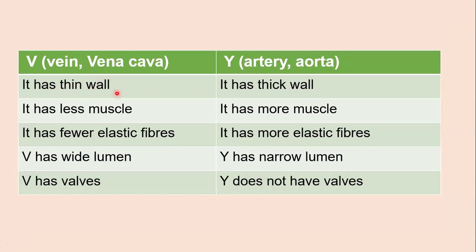The vein has a thin wall, the artery, or Y, has a thick wall. Arteries have more muscles, veins have less muscles. And veins have few elastic fibers, but arteries have more elastic fibers. And the artery has a narrow lumen, but the vein has a wide lumen, and the vein has valves.